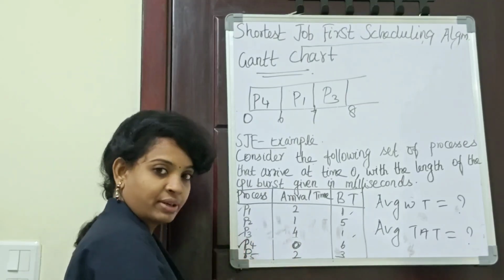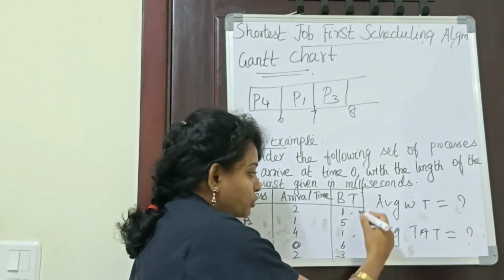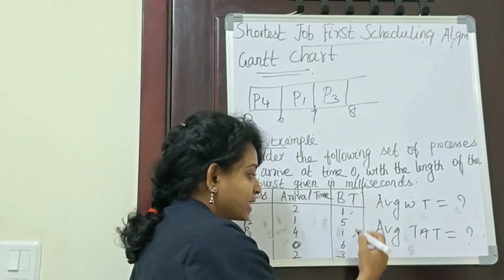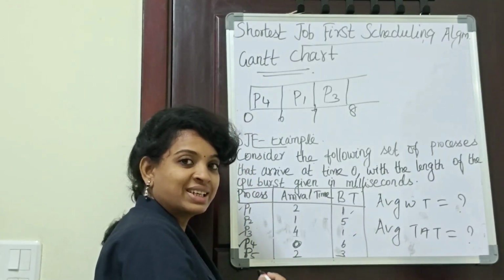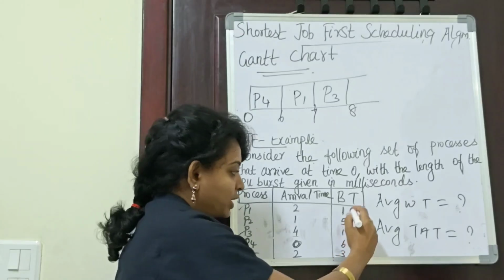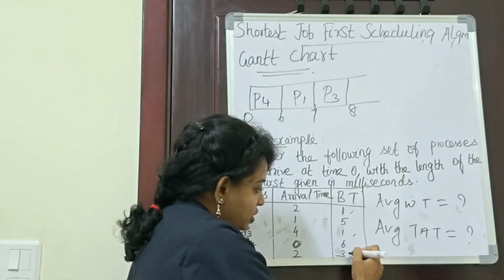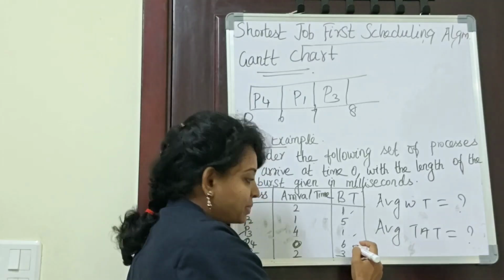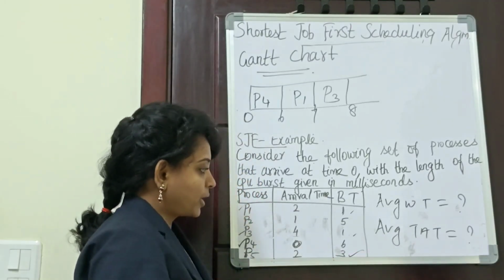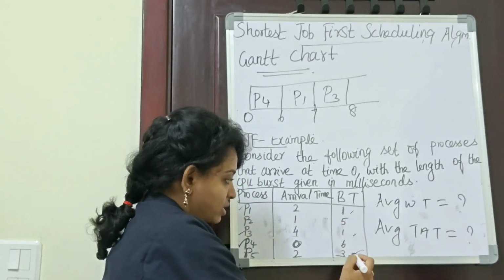What are the other processes we have? P2 and P5. Now check what the shortest job is here. What is the least burst time? The process which takes the least burst time is 3, so 3 is the shortest execution time.